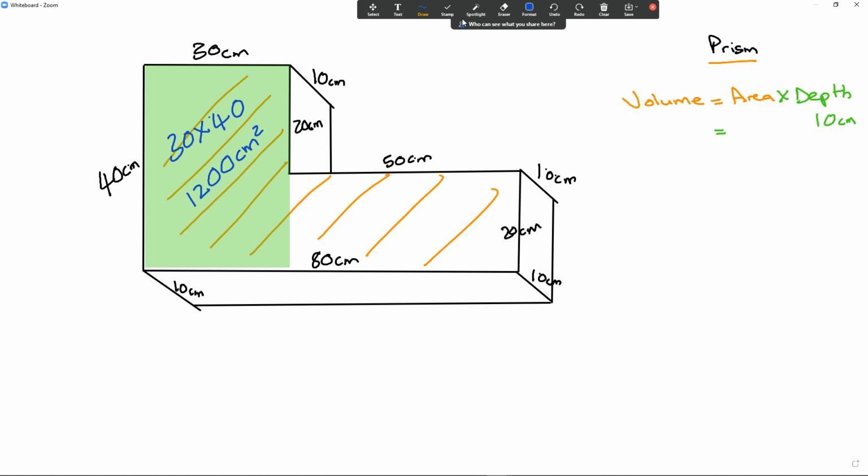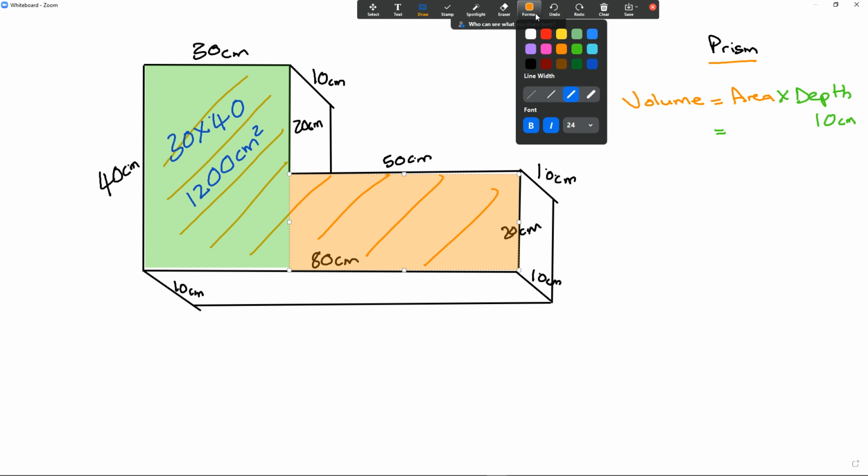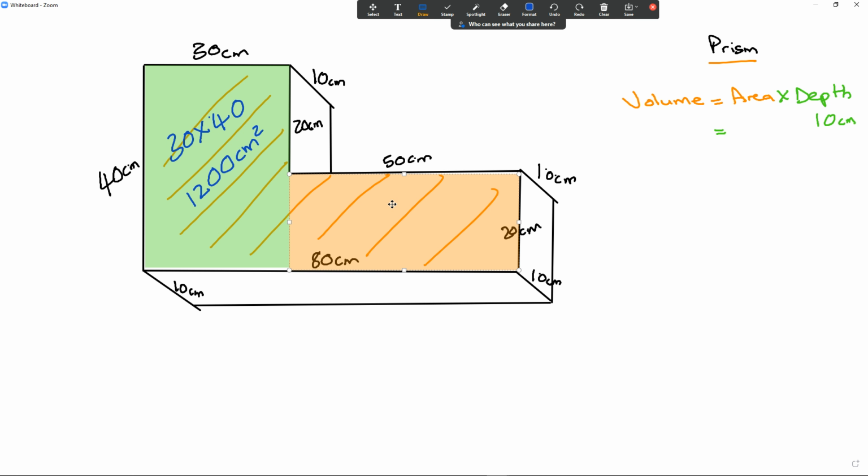Good. Now I use that same concept and go to the remaining area over here. What will that be? Do I take 80 times 20 or 50 times 20? 50 times 20, right? Can you see that?